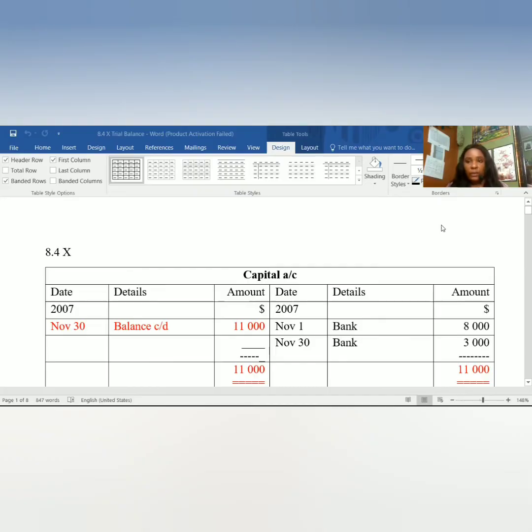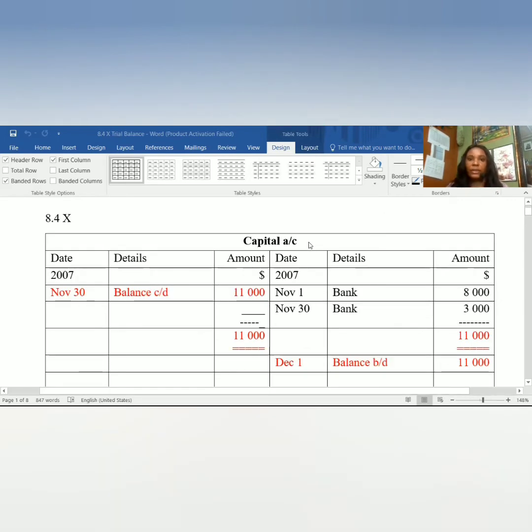Now, that was one way to do it. The other way now is where you have your T accounts, as you're seeing on my screen now. You have your T accounts, and you will have to pick up your balance brought down figures and put them in the trial balance. Now, this is 8.4x in the Francode for those of you who have Francode.